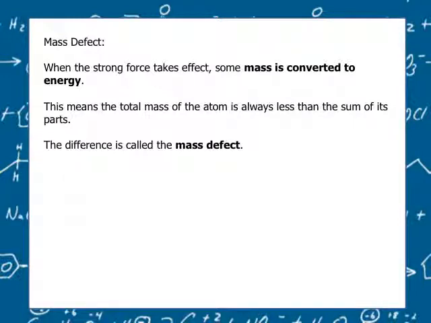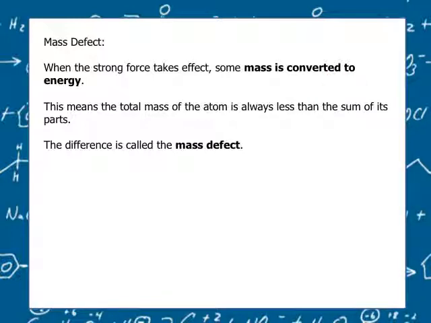As was mentioned in the previous video, in order to hold the nucleus together and overcome the repulsion between the like charges, the strong nuclear force takes effect. And since it is a nuclear force, it involves the conversion of some mass into energy.